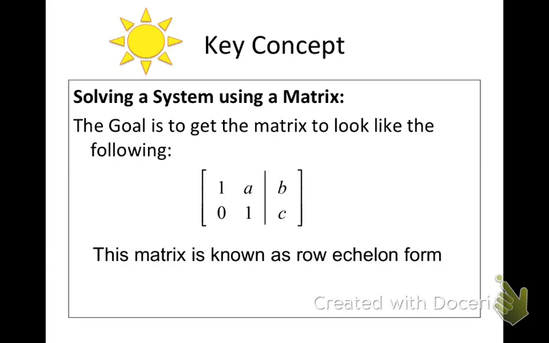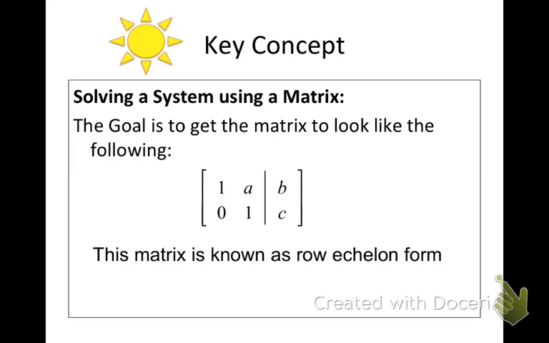This is called row echelon form. So if you ever hear the words row echelon form, you have ones on your diagonals, and you end up with a 0 in your lower left-hand corner, and something else over here. Me personally, I always take it to all zeros, but your book for section 4.3 kind of lets you cheat a little bit and not go all the way through.